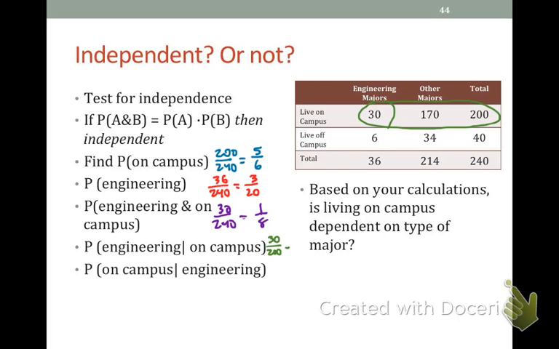Wait, so there's the total of 36 engineers. That's given. So people on campus, would that be 30 out of 36? Correct. 30 on campus out of 36 total. That's it. Good.